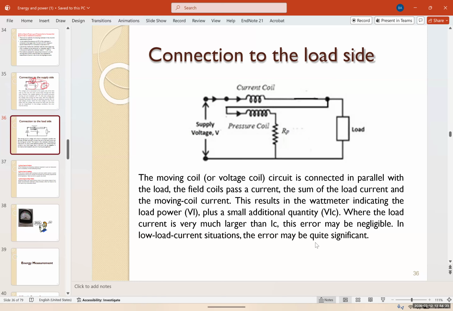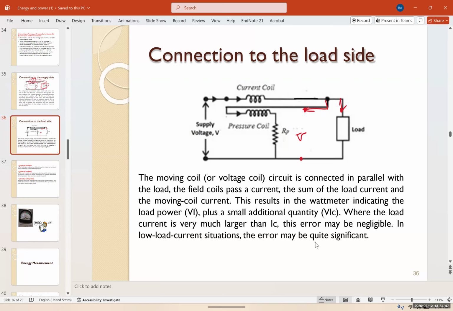Now this one has a problem of measuring the current both passing the voltmeter and the load, but the voltage that the voltmeter is measuring is exactly the same as the load. So the moving coil or voltage coil circuit is connected in parallel with the load. The field coils pass the currents, the sum of the load current and the moving coil current.